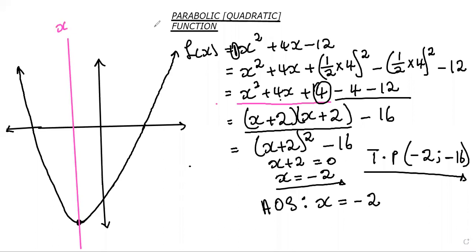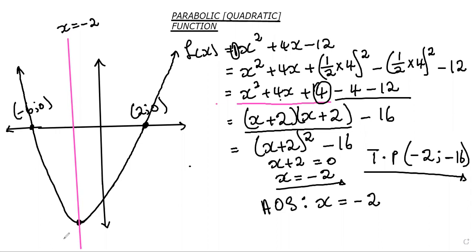You'll just tell them it's going to be x equals -2. Of course, you can use a black color for this. So you'll have your x equals -2, but your x-intercept, the coordinates are going to be 2 and 0. And then the coordinates here are going to be -6 as well as 0.